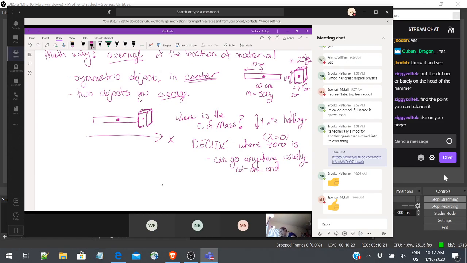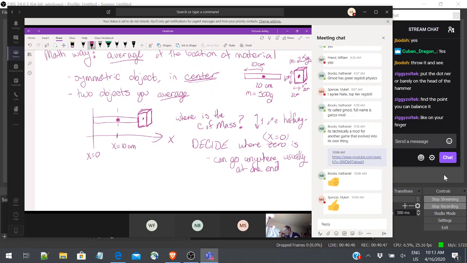So I'm going to put x equals 0 right here. Okay. So I have, at x equals 10 centimeters, that is the location of the center of mass for my handle.